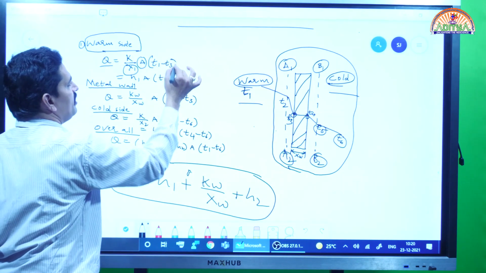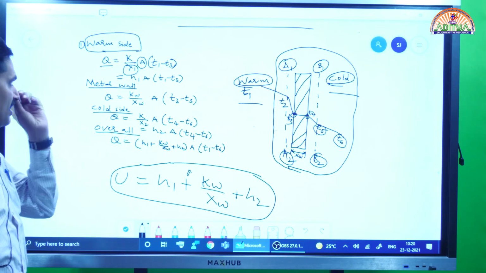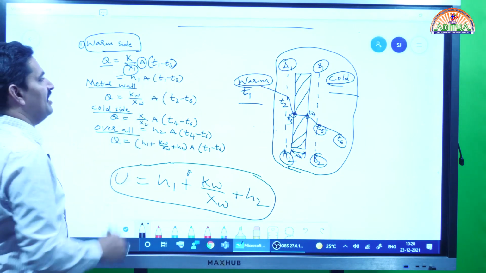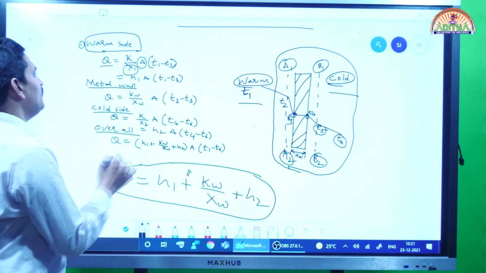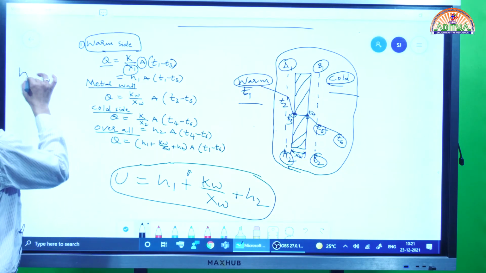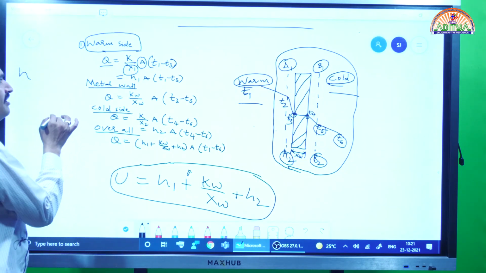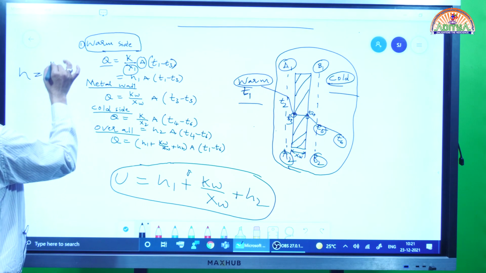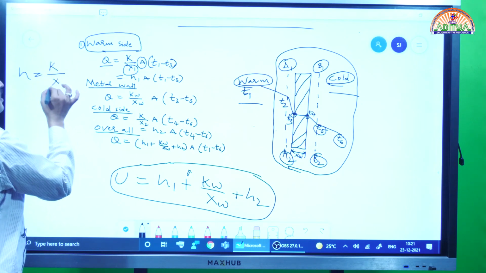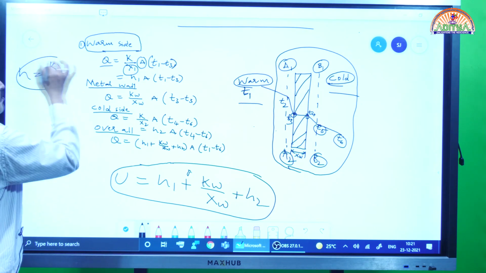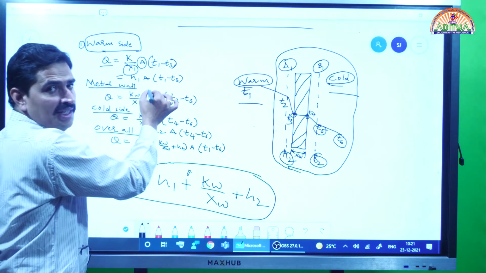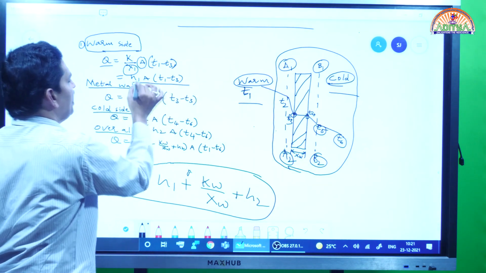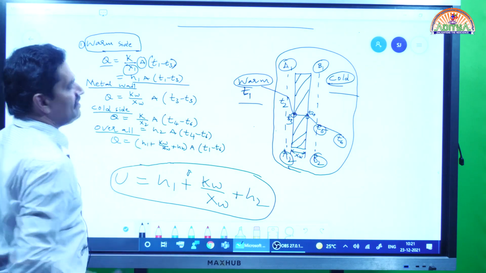T1 has the higher temperature and T3 has the lower temperature, so we write the equation as T1 minus T3. As we know, H is called the resistance; resistance is equal to thermal conductivity divided by thickness. If you substitute this into the equation, it turns to H1 A into T1 minus T3.